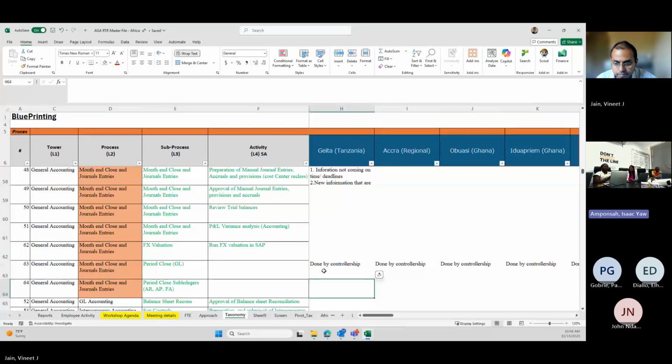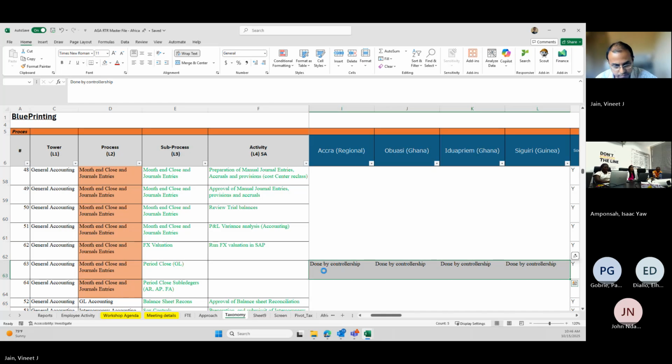Someone has to open, and the one who's in charge of the AP checks. So this is also done by controllership, the AR close, AP close, FA close, fixed asset close. The revaluation is done by the one in charge.